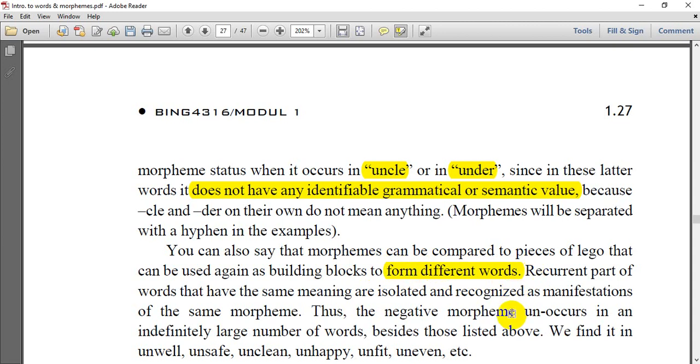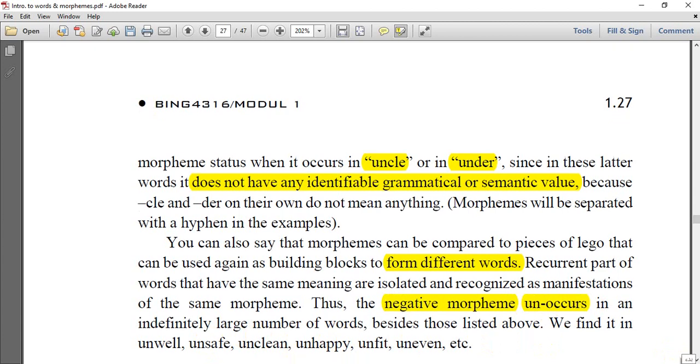Thus the negative morpheme un occurs in an indefinitely large number of words. Besides those listed above, we find it in unwell, unsafe, unclean, unhappy, unclear, unfit, etc.